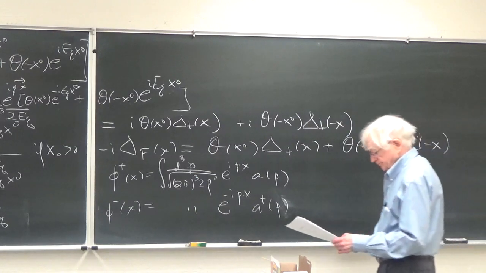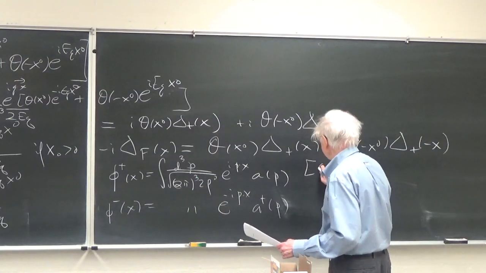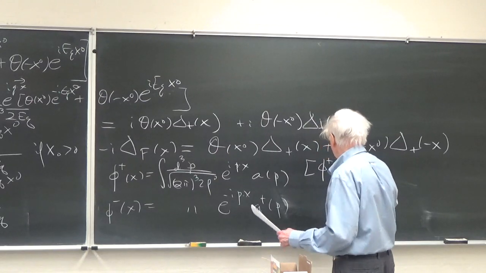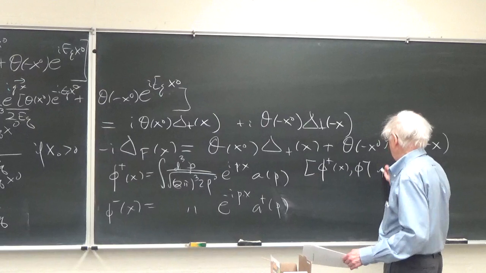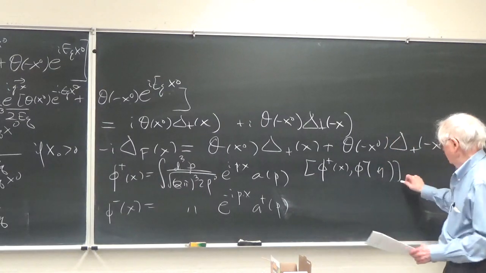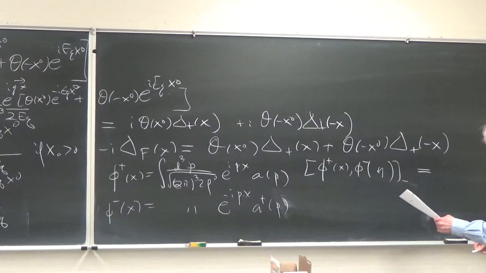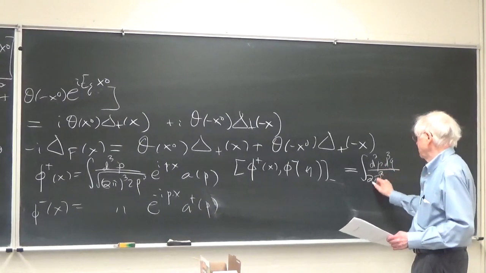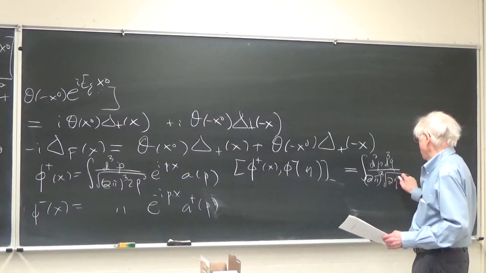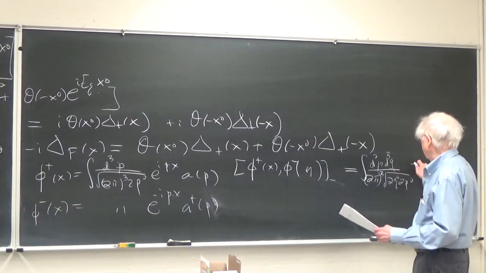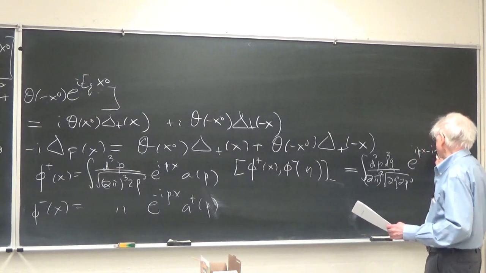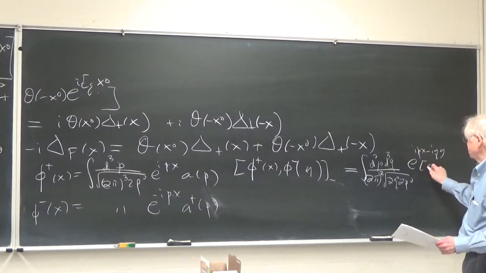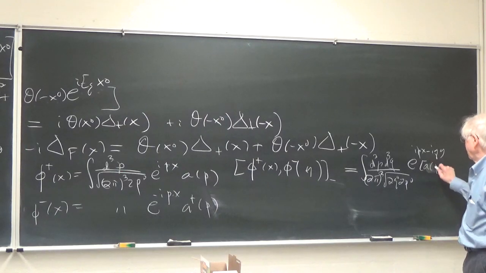And then, if we consider the commutator of phi plus of x with phi minus of y, I'll put a minus sign for commutator. What we get is an integral d cubed p, d cubed q, 2 pi cubed, square root of 2q0, 2p0, and then e to the I px minus I qy, and then a commutator, a of p, a dagger of q.